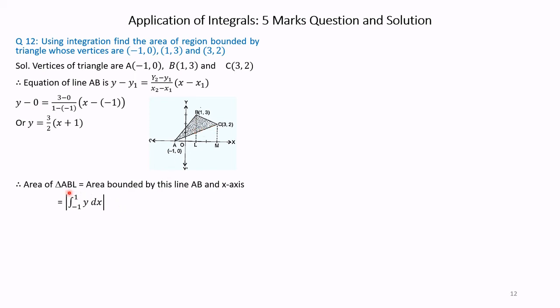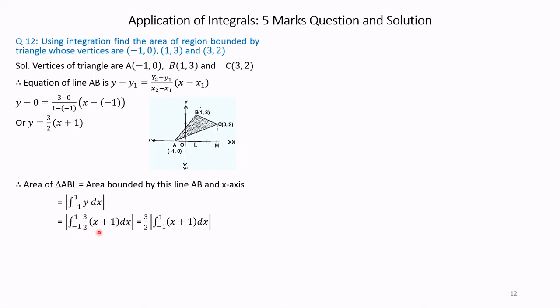So first we will find the area of triangle ABL, that is mod of the integral from minus 1 to 1 of y dx, which equals mod of the integral from minus 1 to 1, and we substitute for y as 3 by 2 into x plus 1, into dx.